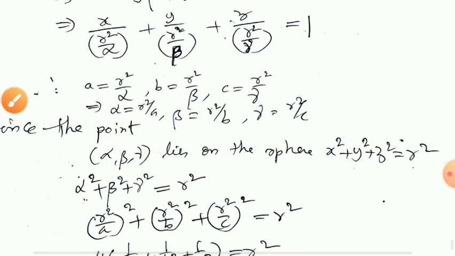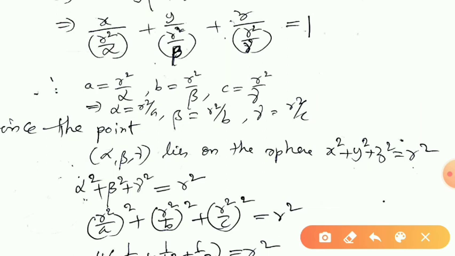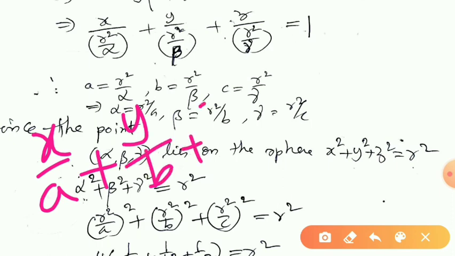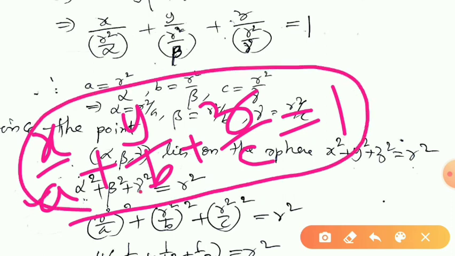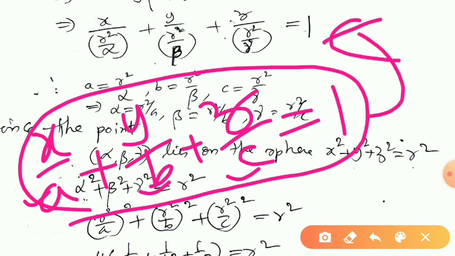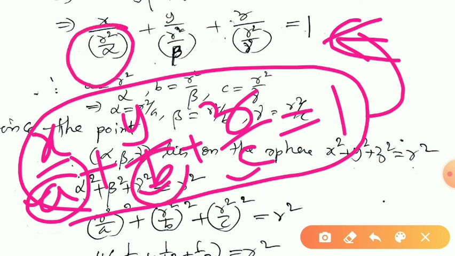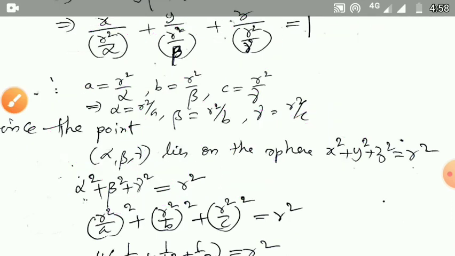Since a, b, c are the x-intercept, y-intercept and z-intercept, whenever x by a plus y by b plus z by c is equal to 1, this is the equation of the plane whose intercepts with the coordinate axes are a, b, c. Therefore, comparing this equation with this, we will get a is equal to r square by alpha, b is equal to r square by beta, c is equal to r square by gamma.